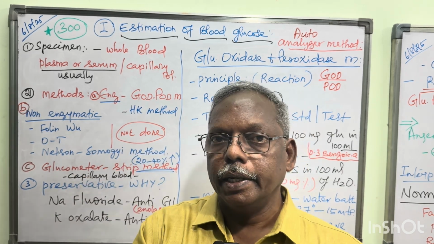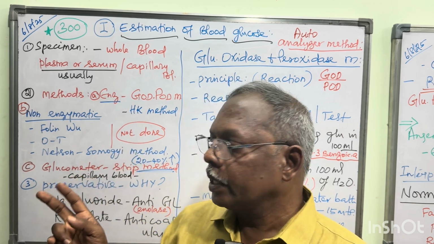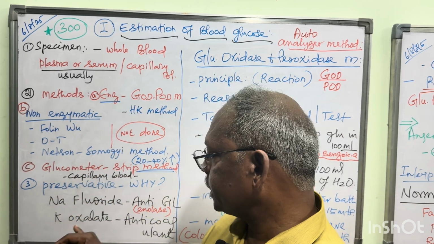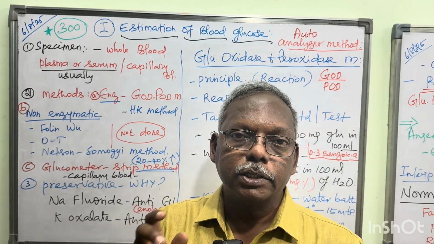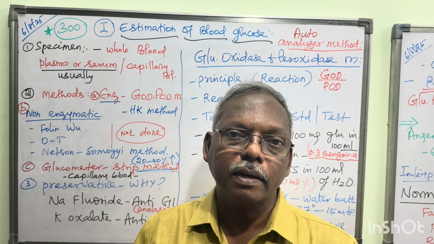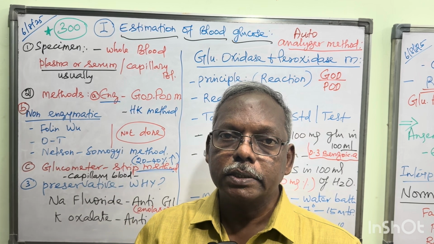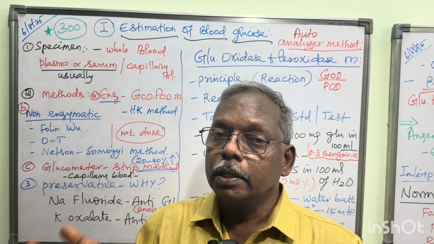What preservative do you add for glucose? We have 2 preservatives: sodium fluoride and potassium oxalate. Potassium oxalate acts as the anticoagulant, whereas sodium fluoride prevents glycolysis. In glycolysis, the enzyme enolase converts phosphoglycerate into phosphoenol pyruvate.